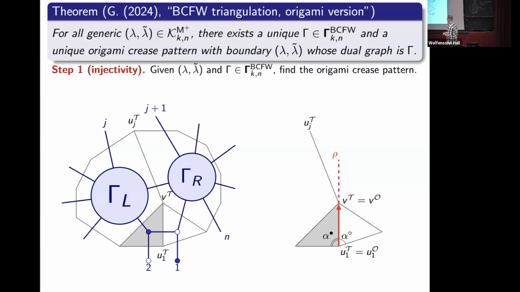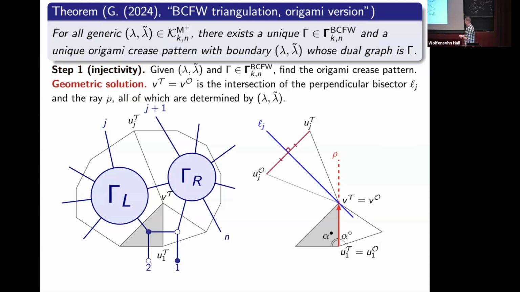Basically, before folding the origami, I nail this white triangle to the table, and then I fold everything else on top of it. So the origami map is going to fix the white triangle, and in particular, it's going to fix this ray rho. And then the origami map is going to send this vertex somewhere else, but V has to be at equal distance from U sub j and from its origami image, because the origami map is an isometry.